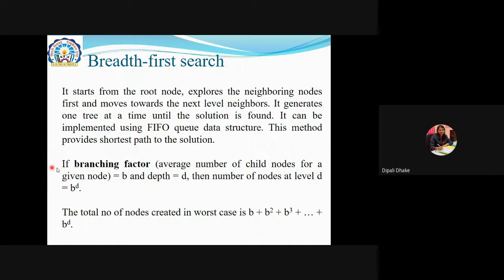This method provides the shortest path to the solution. Now, what is the branching factor?